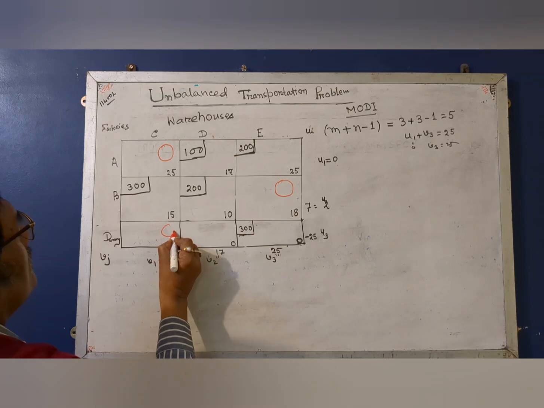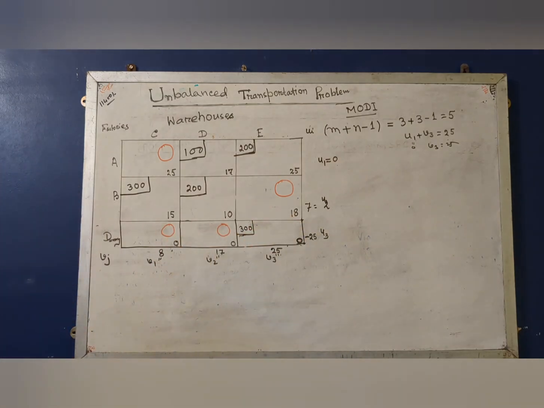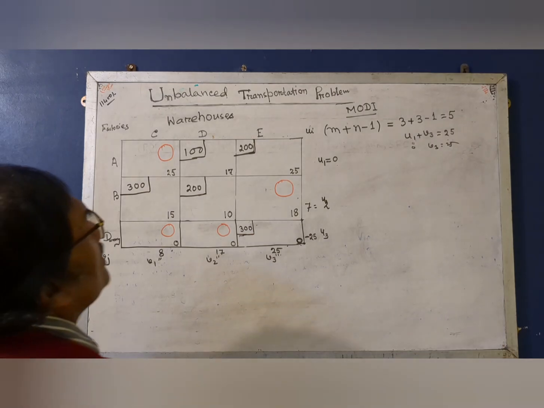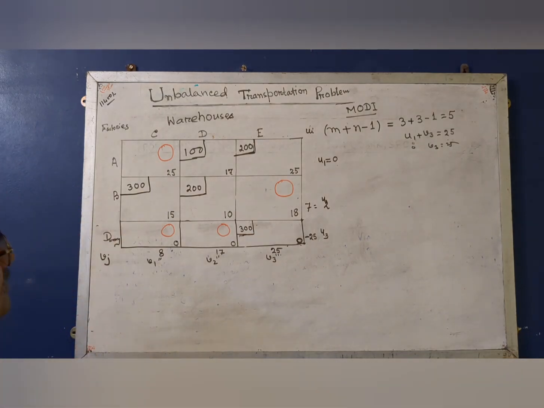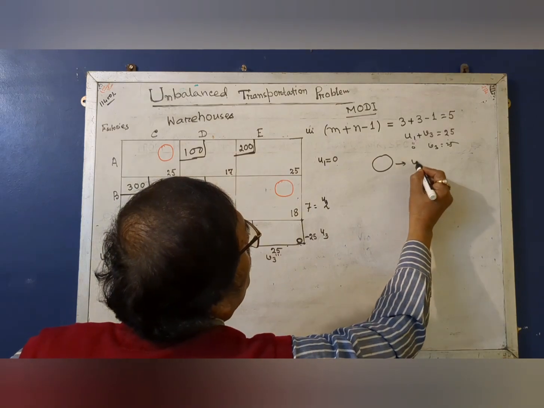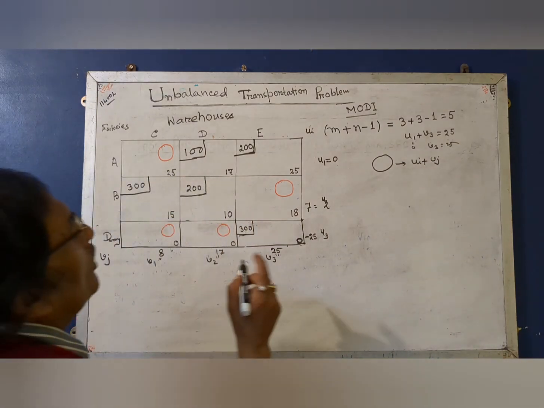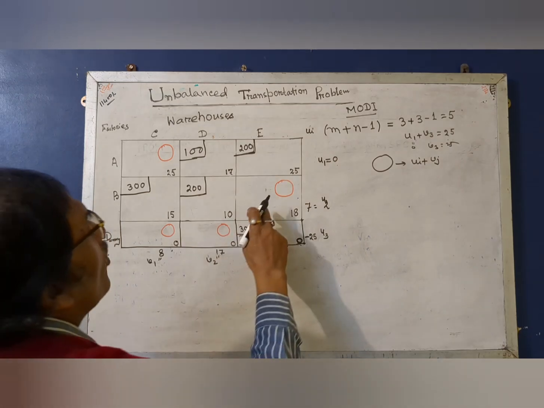This is a circle. If you have any doubt, check my previous video where I have done it in detail. The circle indicates Ui plus Vj. You put the value of Ui plus Vj in the non-basic cells.